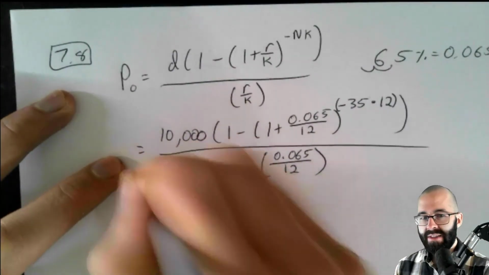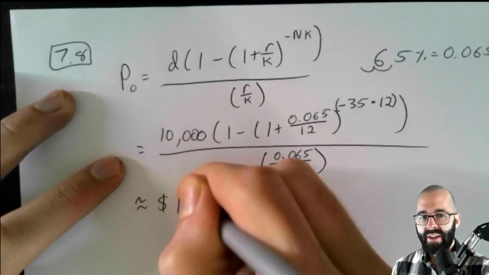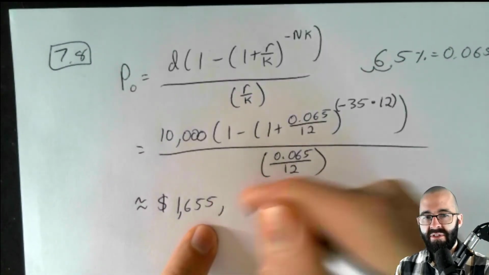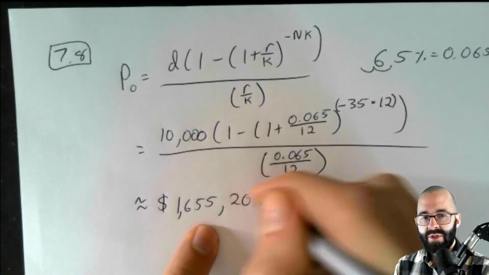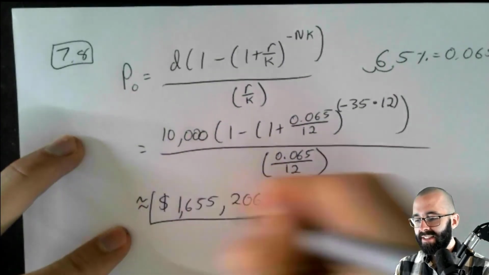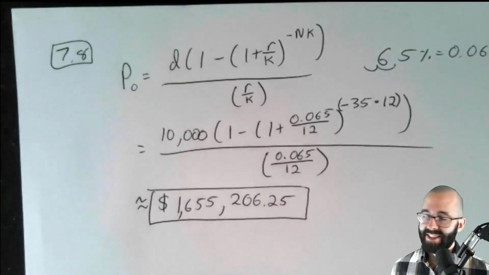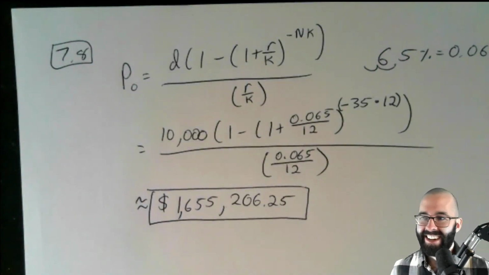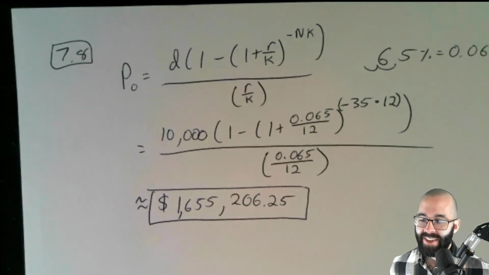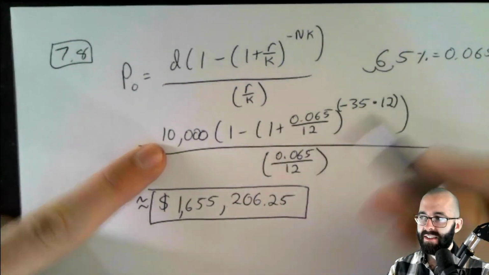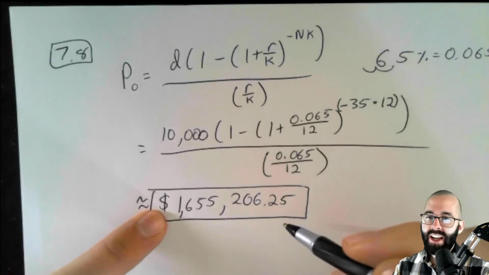That is going to be approximately $1,655,206.25. Uncle Moneybags. That's a nice looking retirement account if you can get that. And that's example 7.8. So it's all just plugging things in, typing things in.